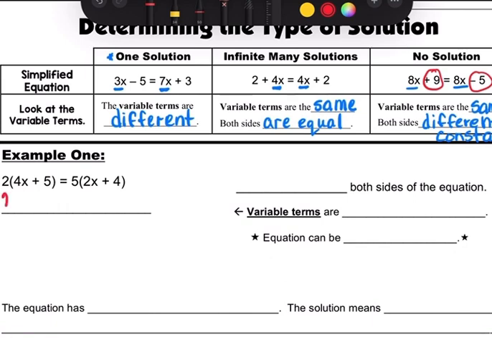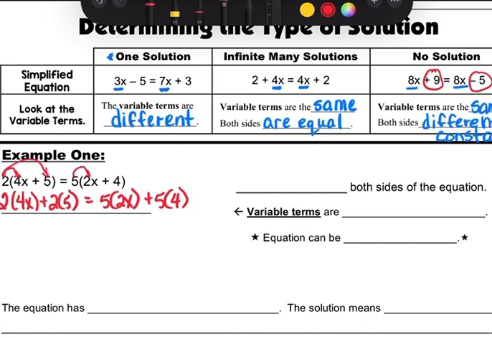All right, let's look at the examples. One example. The first one, we're going to use the distributive property where we're going to multiply 4 times x plus 2 times 5 equals 5 times 2x plus 5 times 4.